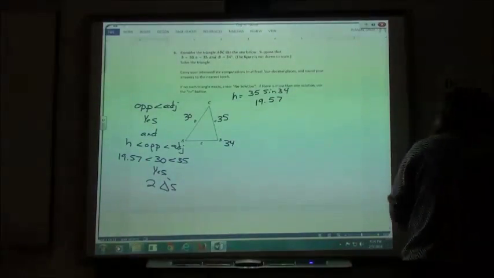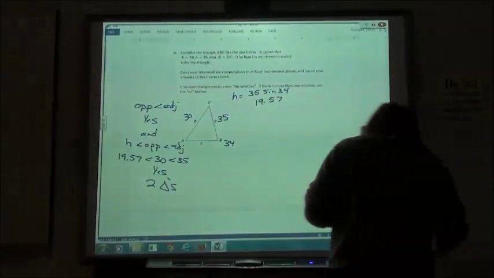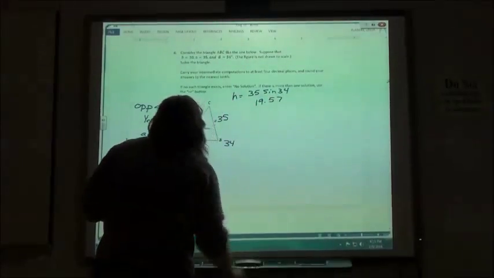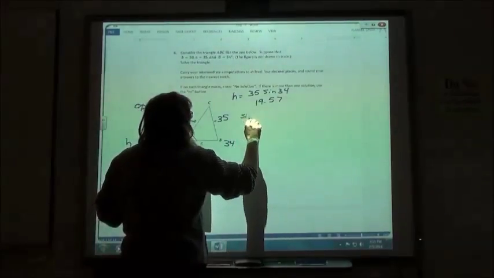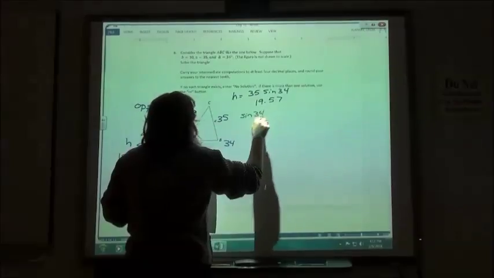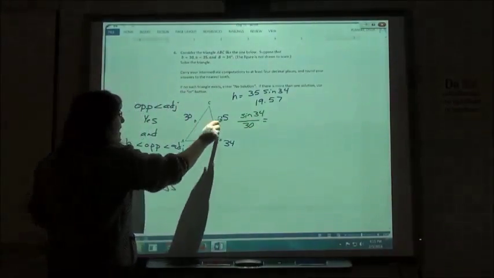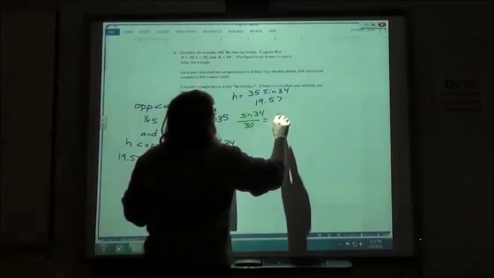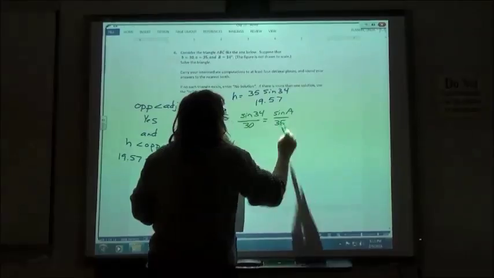So, starting this one off, we are going to use our law of sines. I have angle B and side B. So I'm going to use the sine of 34 over 30 equals, and I have side A, so the sine of A over 35.